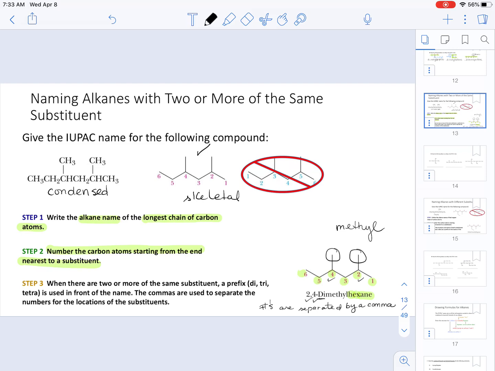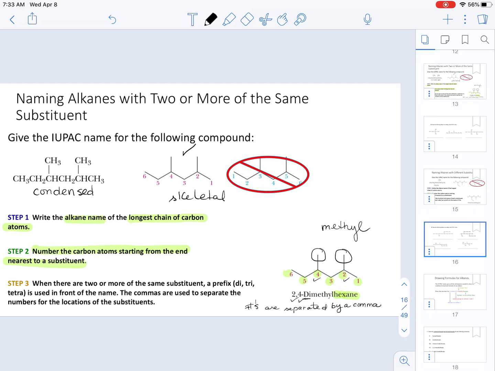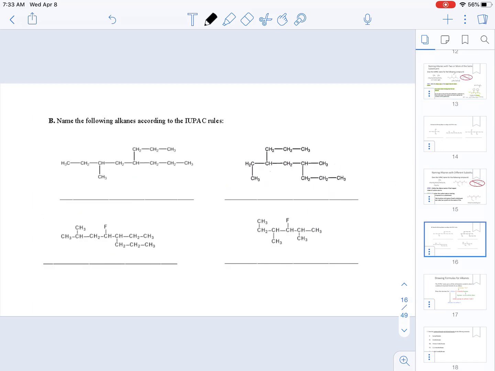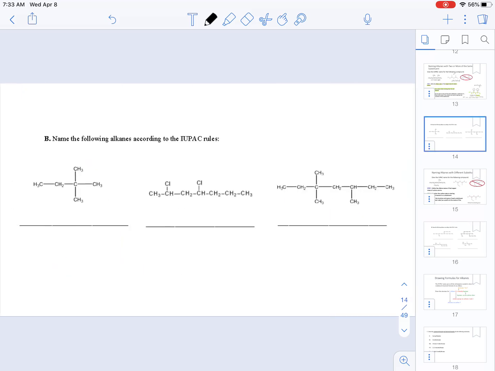So let's move on and do some problems to look at how to name these molecules, okay? I'm going to just do the first 2 and make sure that you practice the third one and check your answer in the answer key that has been posted on the Canvas site for the course. So remember the rules. Rule number 1, we're going to find the longest carbon chain.